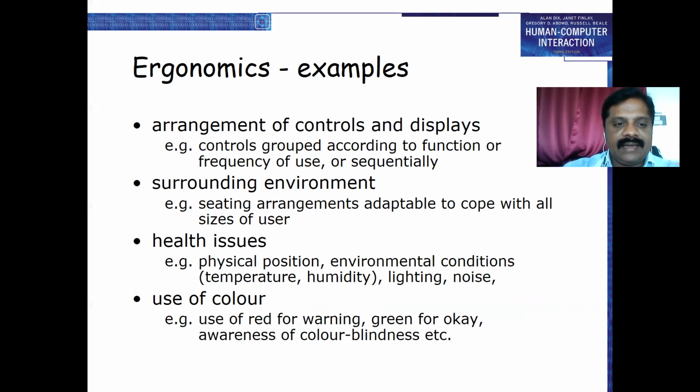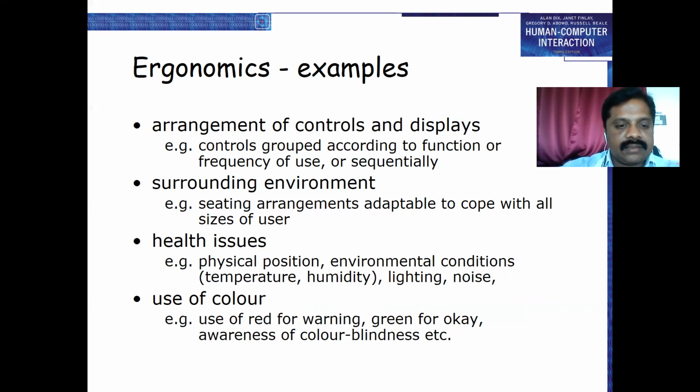The second example is surrounding environment. So how the interaction takes the surrounding environment into account. That means how you are seated and what things are available in and around that interaction. We have to look at all these things.